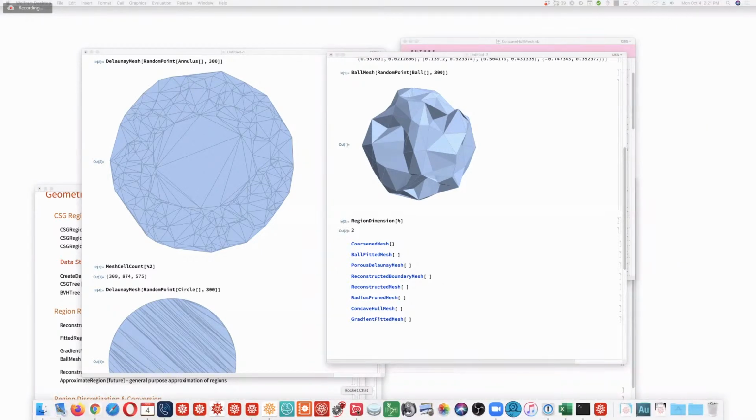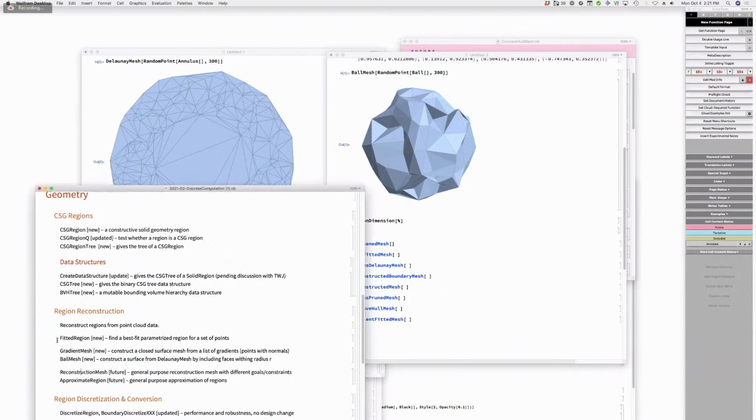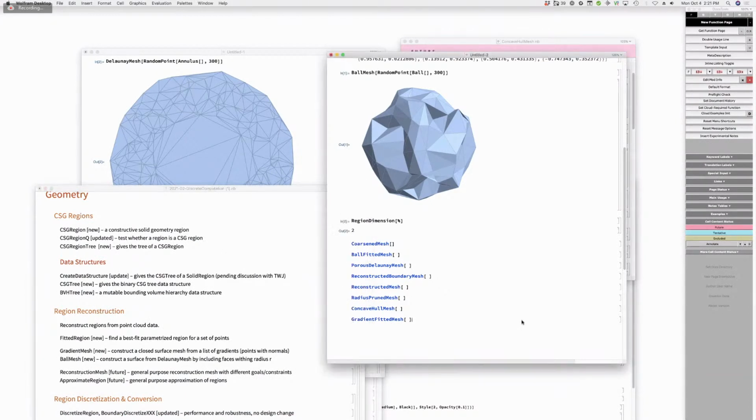Fitted region, the thing we made last time. Oh, fitted region, right, that's fine. It fits parametric regions, like a disk, like a line. But this fits a mesh to gradients, correct? Yes.